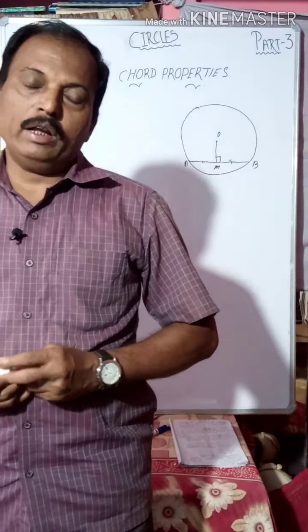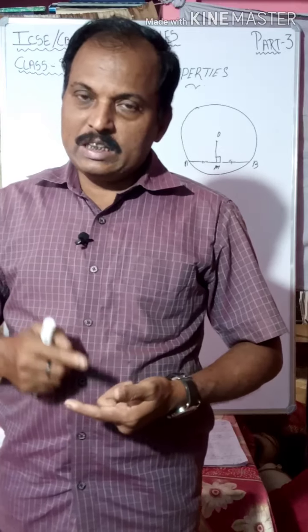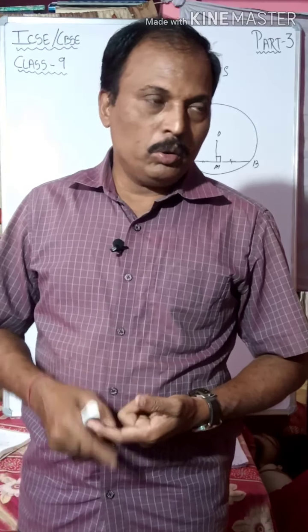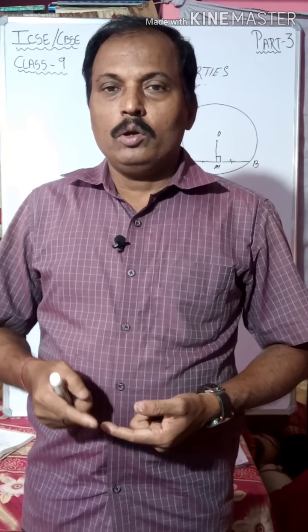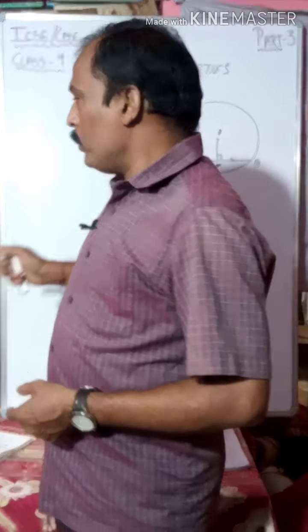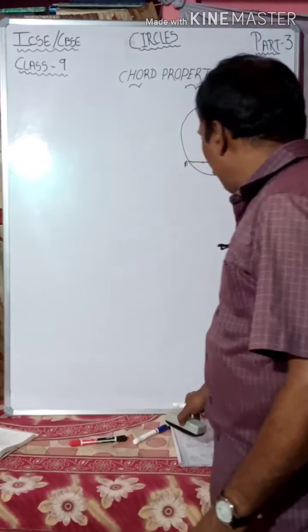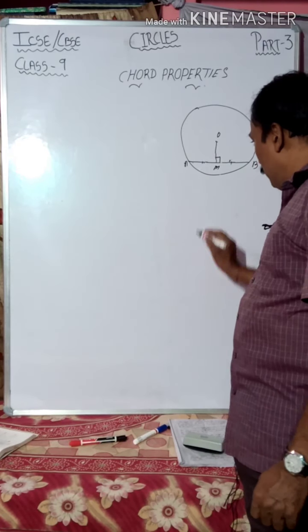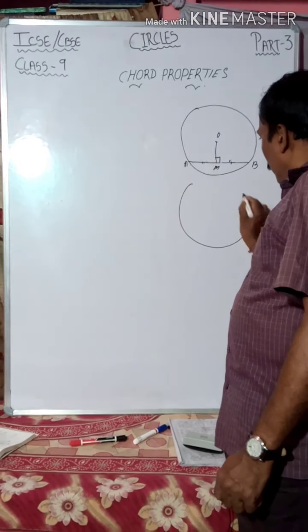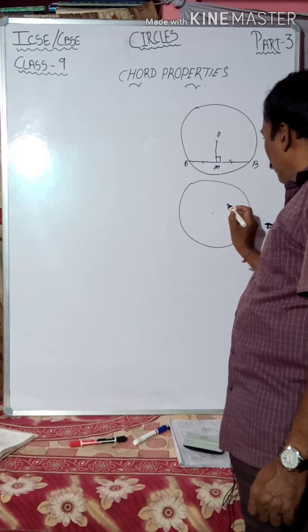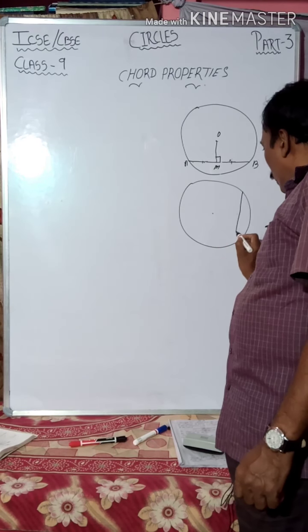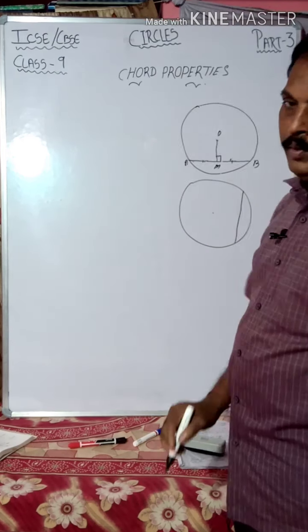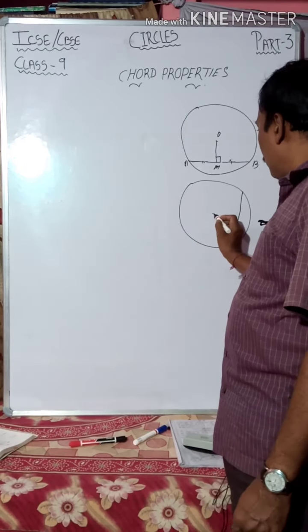These are the 2 theorems we already discussed in our last videos, but today we will go to the next theorem. What is the next theorem? Here is another thing we also know from these 2 theorems about the chord: if a chord is smaller, it is far away from the center.